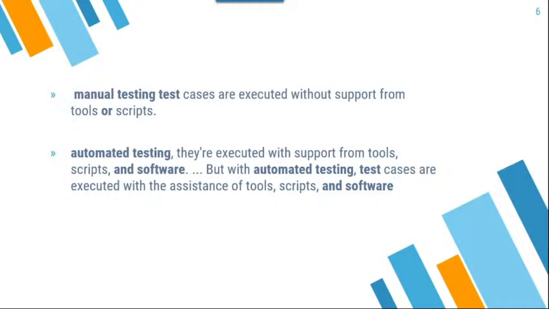Whereas if you want to work in automation, you require some scripting and some tools. Based on the tools and script, we can execute all our test cases. Such testing we call automation testing. Is it clear, guys? This is one of the most important points. Before we start manual, you need to understand what manual testing and automation testing are.